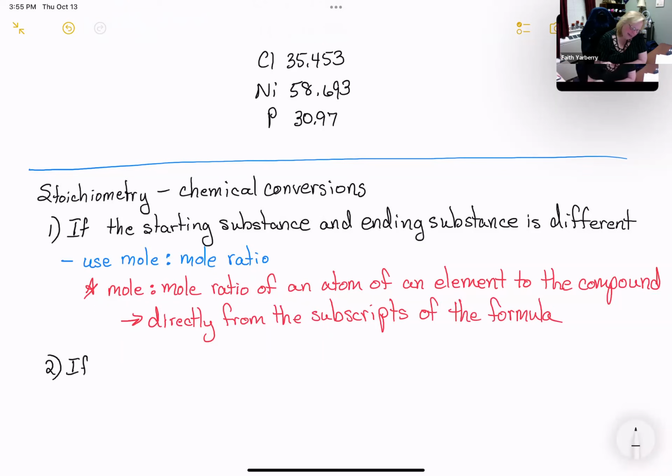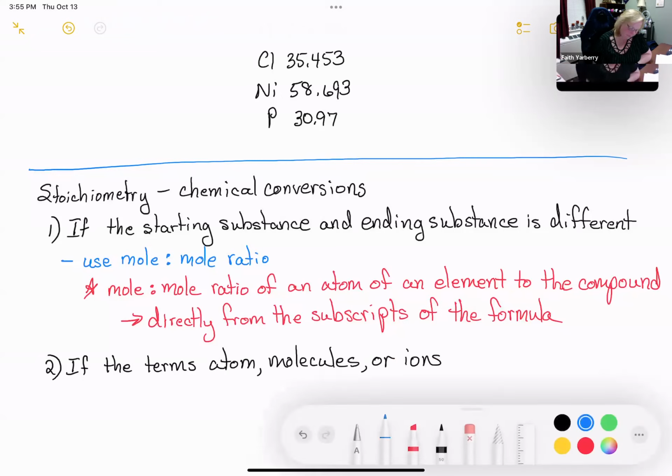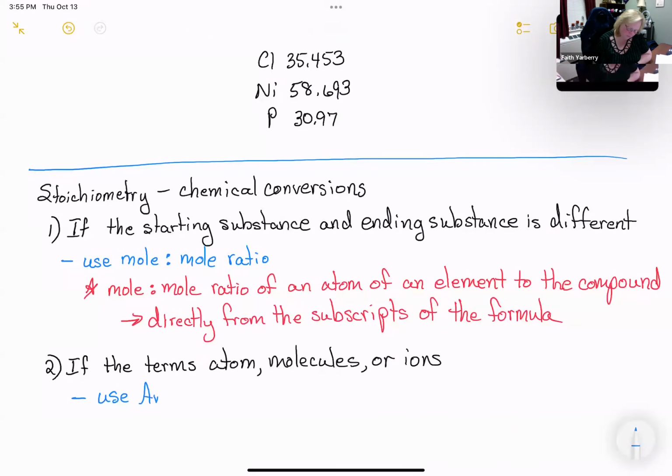And if I see the terms atoms, molecules, or ions, then that is my cue to tell me that I am going to be using Avogadro's number, which again is 6.022 times 10 to the 23rd of anything is equal to 1 mole of that thing.